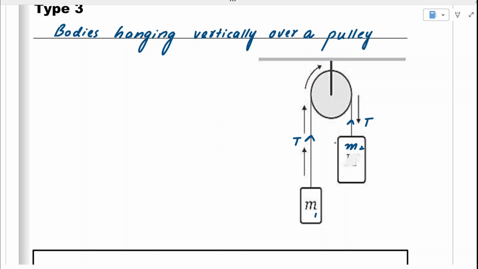Sorry, the weight on both sides would try to stretch the string, but the tension would try to compress it or bring it back. The weight due to the mass M1, we call it W1. The weight due to the mass M2, we call it W2.